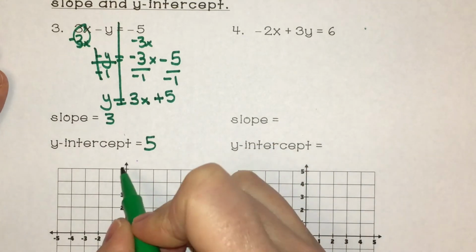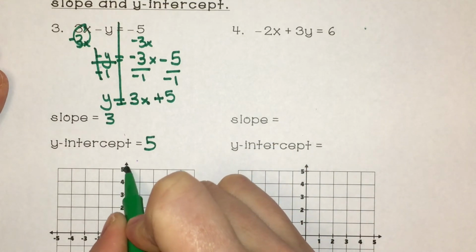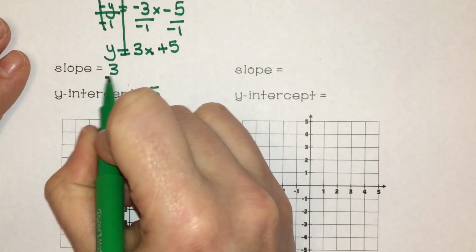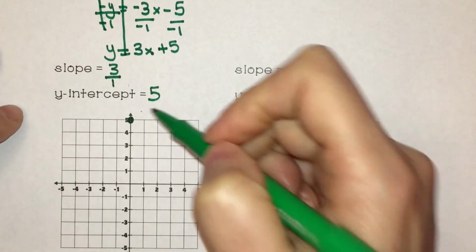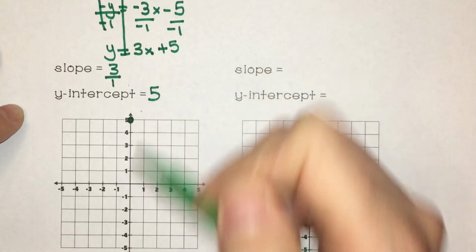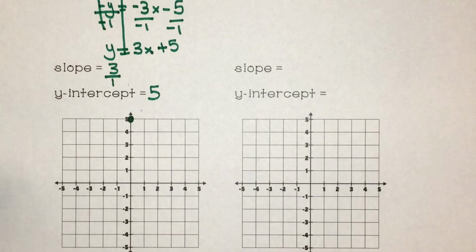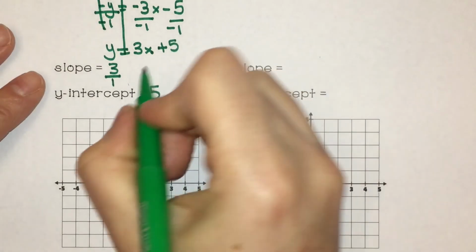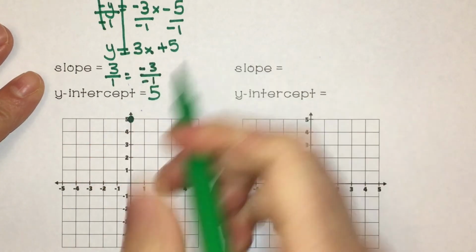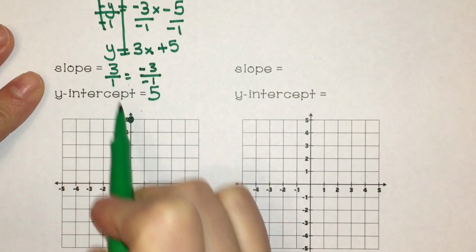Okay, so I'm going to graph the y-intercept at positive 5. Make slope into a fraction by putting it over 1. Well, I can't rise positive 3, run positive 1, but I know a negative over a negative's also a positive. So I can just say negative 3 over negative 1. Well, that reduces to positive 3 over positive 1.